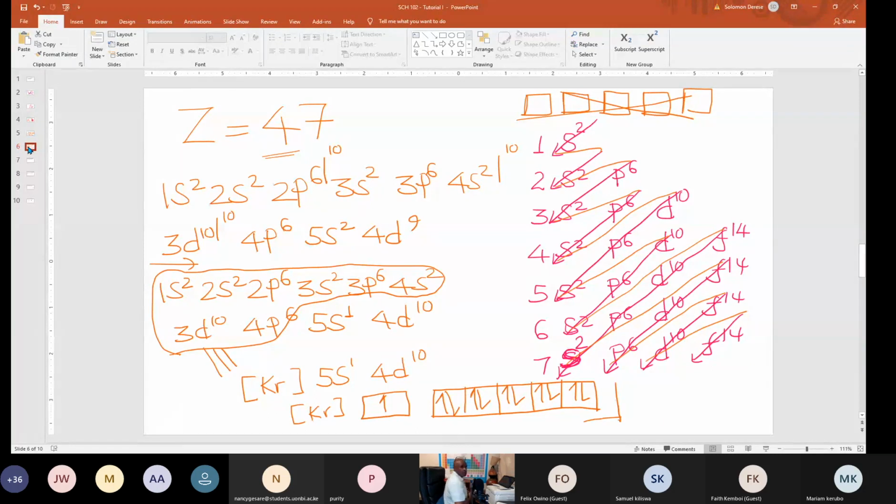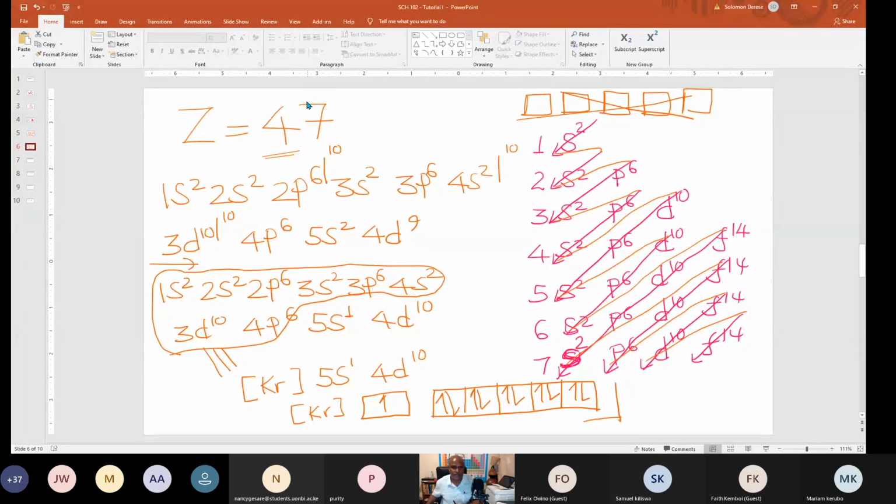So if we are told to write the electronic configuration to the nearest noble gas, are we going to empty all the 5s, or we're just going to remove one electron? Because that one will not have any electrons. Yeah. Because the element just before this, isn't it?